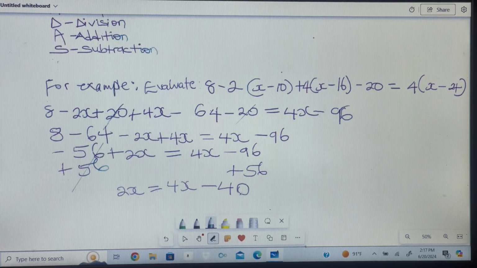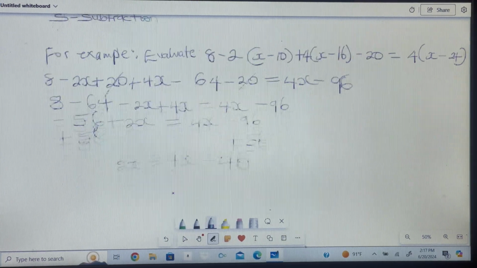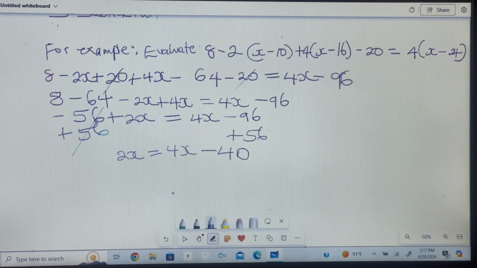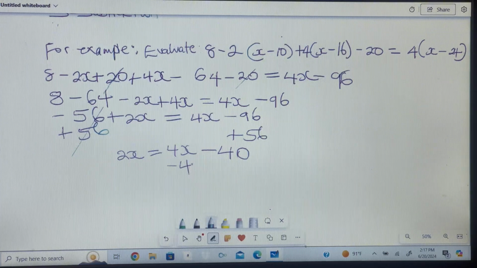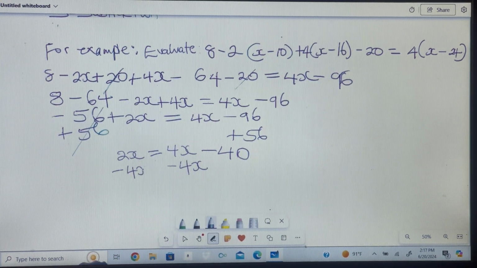Now we're going to eliminate this 4x to free the constant on the right side. We deduct 4x, and what you do on the right side, you do on the left side as well.